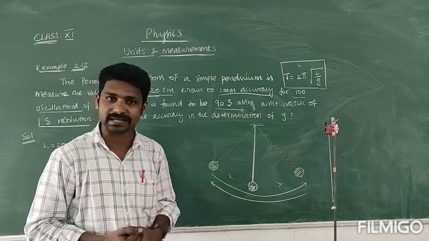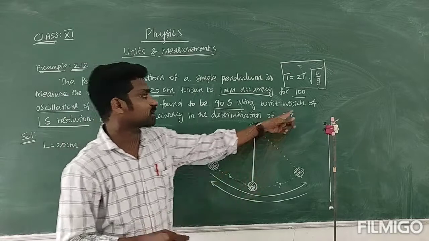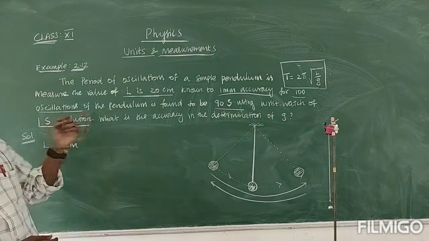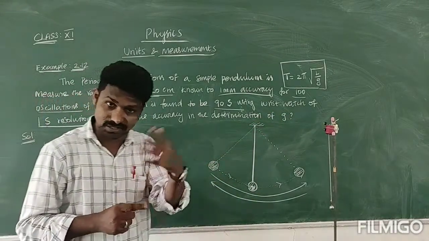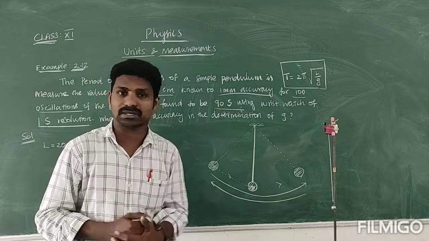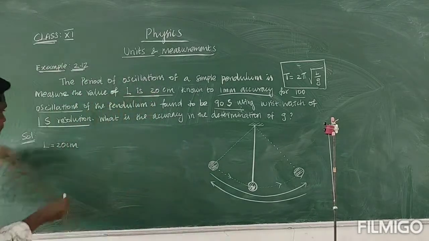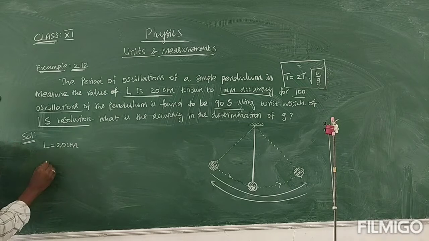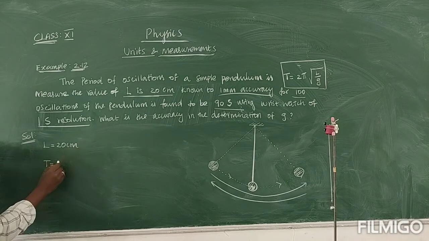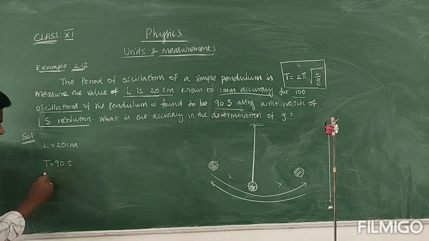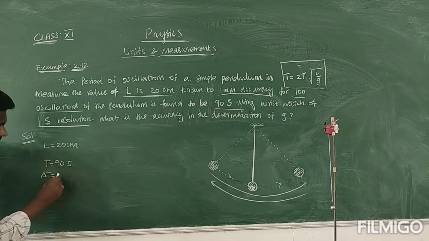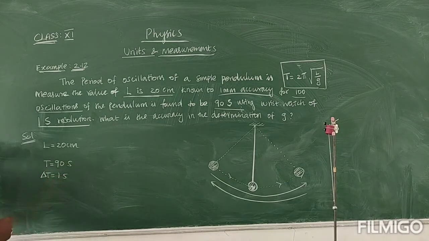How do you know it is 90 seconds? By using the wristwatch. We know the minimum reading of the wristwatch is 1 second. So in this question the time is given as 90 seconds, and the minimum reading is 1 second.